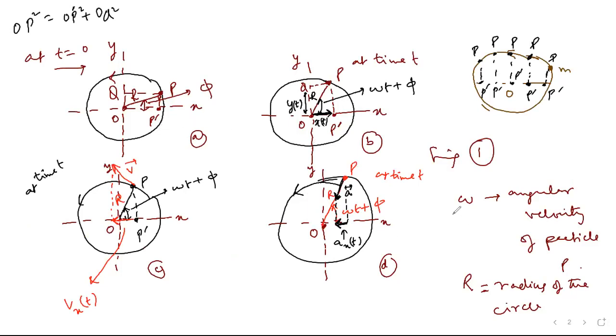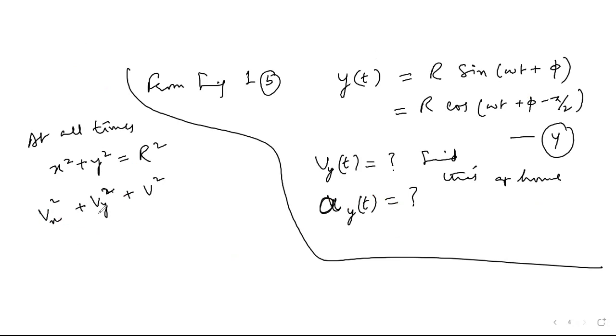Vx and Vy are the velocities of P prime and Q. So Vx square plus Vy square is V square. You can also write it as omega r whole square, because V is omega r, as already discussed.